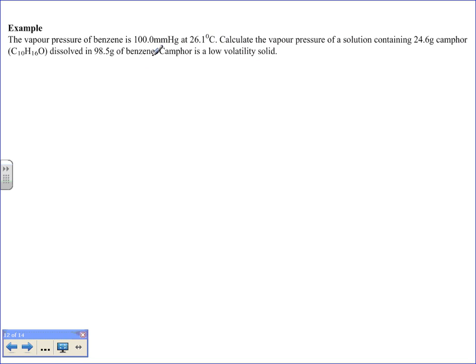So in order to determine the new vapor pressure, which is going to be the mole fraction of benzene times the vapor pressure of pure benzene, we need the mole fraction of benzene. So what we need is the moles of camphor, and the molar mass of camphor is 152.26 grams.